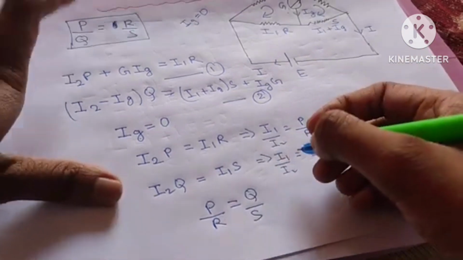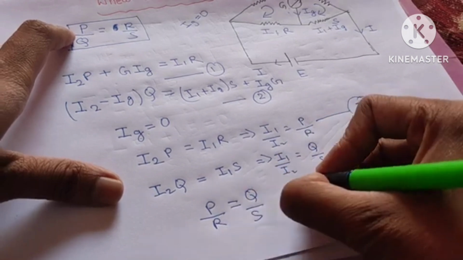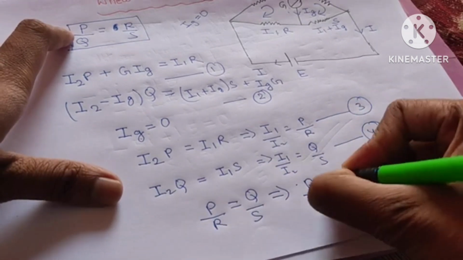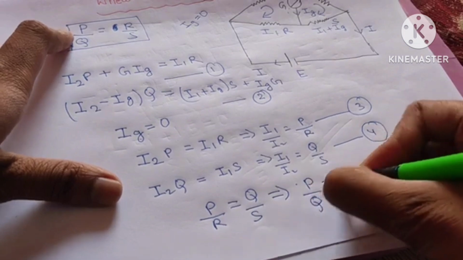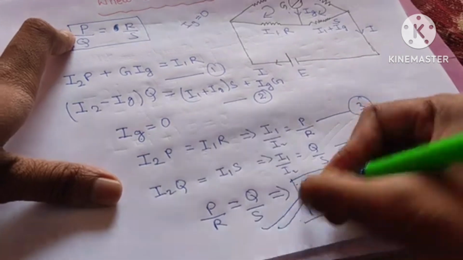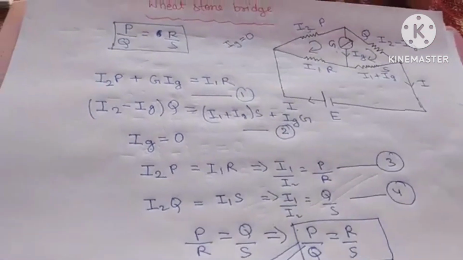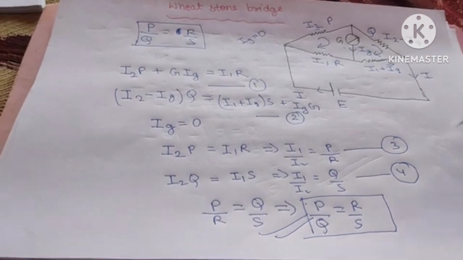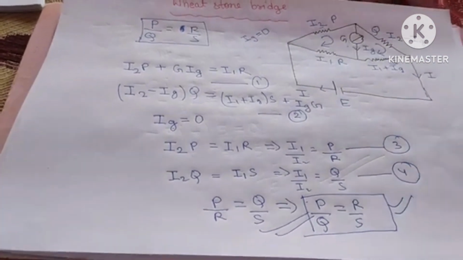We need to make it in this form, so cross multiply: P by Q is equal to R by S. So we are done. This is the Wheatstone bridge derivation.